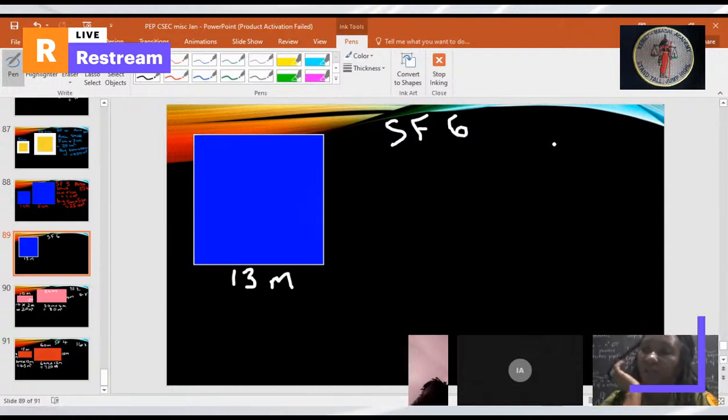We want to know the area of the large square and how much larger than the smaller square it is.